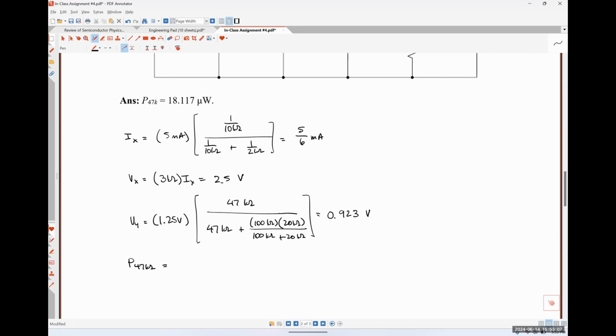How do I find the power absorbed by a resistor when I know the voltage drop across the resistor? Voltage squared divided by the resistance. Absolutely right. Thank you for that, Baylor. So that's V squared over 47 kilo ohms, which comes out to be 18.117 microwatts.